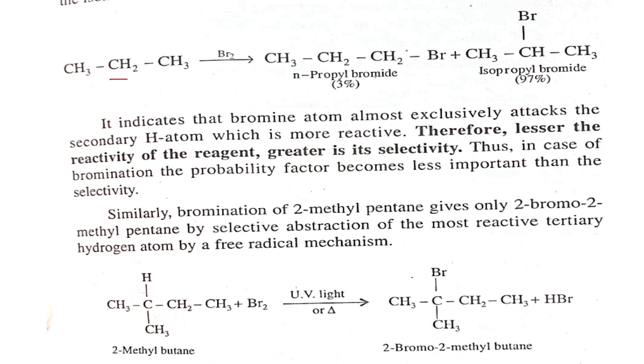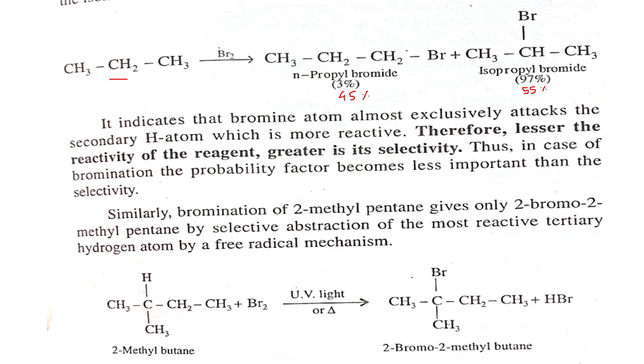So this n-propyl bromide we get in 3% yield, and this isopropyl bromide we get in 97% yield. In the case of chlorine, from the primary radical we get product in 45% yield, and from the secondary radical we get 55% yield, that is isopropyl chloride.